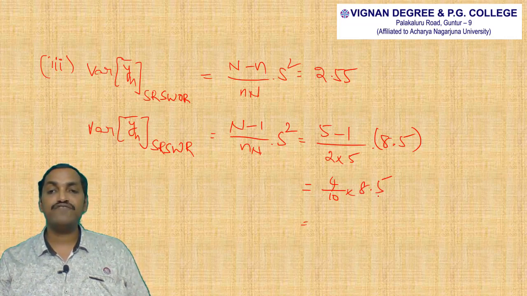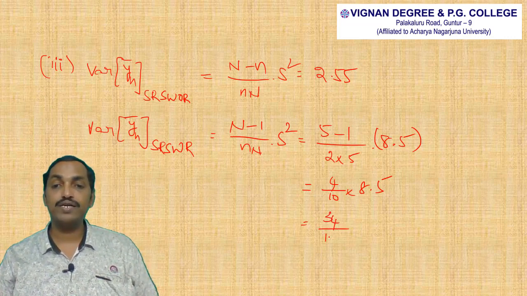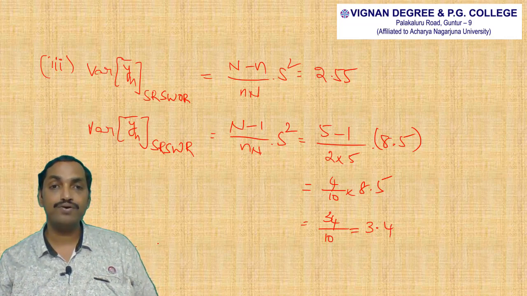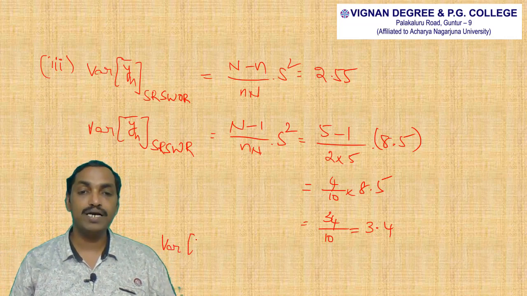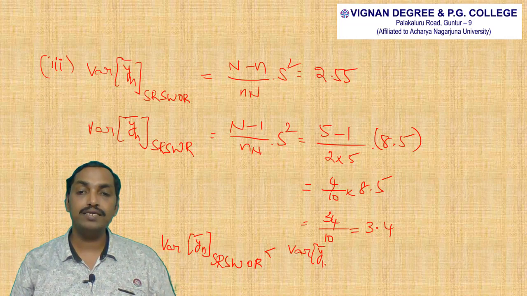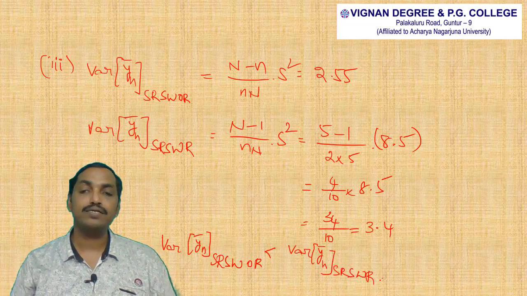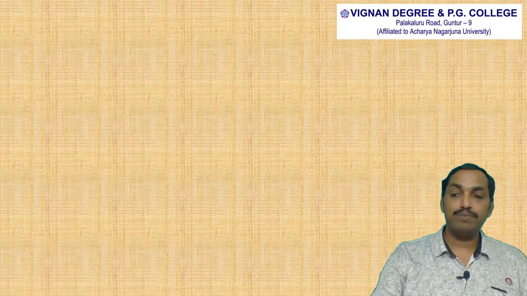So 4 into 8.5 gives me 34. So 34 divided by 10, that is equal to 3.4. Therefore, by these values, variance of Yn bar in simple random sampling without replacement is less than variance of Yn bar in simple random sampling with replacement. This is the first problem. And now the second problem.